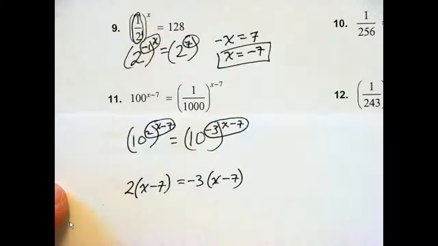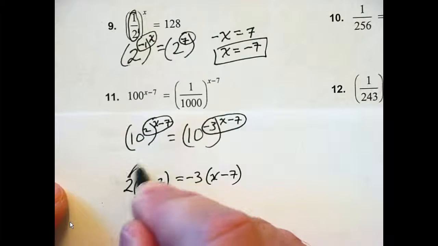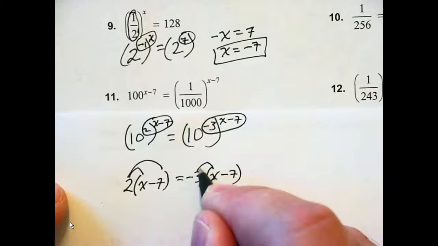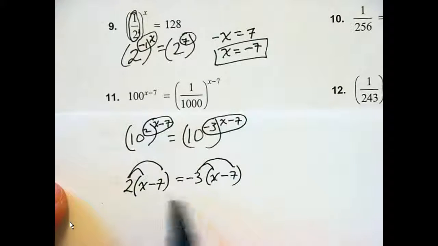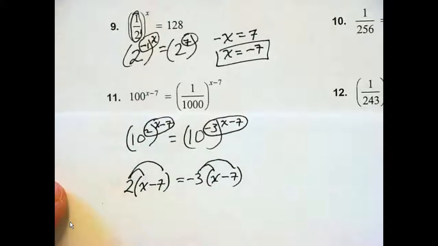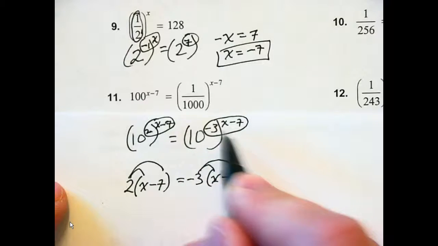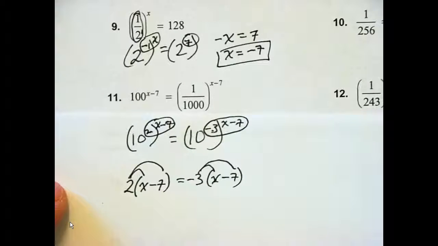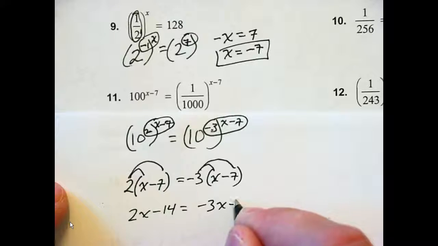What that allows you to do, to access that inside, is use the distributive property. If you just write it as 2x minus 7 and -3x minus 7, you get the wrong answer. This is a power to a power. These two things have to be multiplied, so you've got to put parentheses around them. It's easy to make that mistake. Don't do that anytime you see a power to a power.